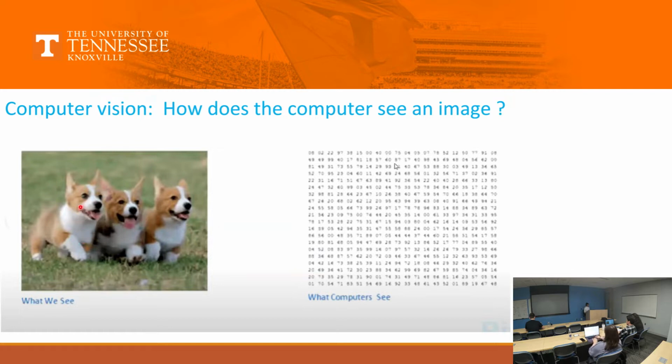We can tell that this is a dog, there are 3 dogs here, this is the background, and maybe they are the same breed. This is how a human can interpret this image. Now, this is what computers see: the computer is simply seeing them in terms of intensities, right?